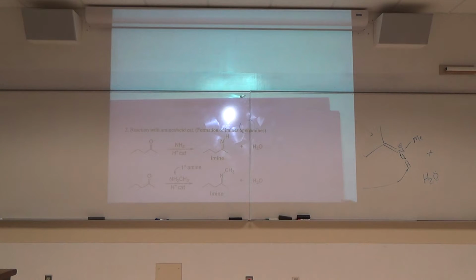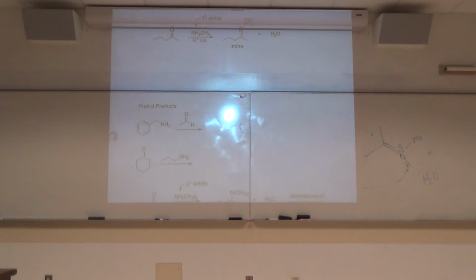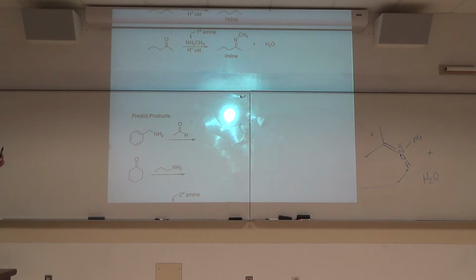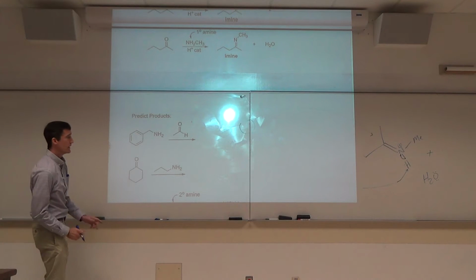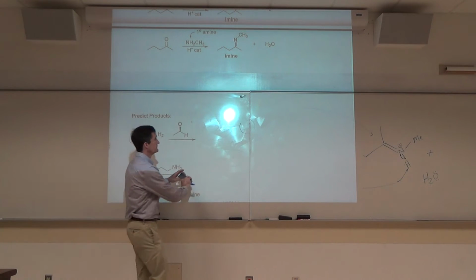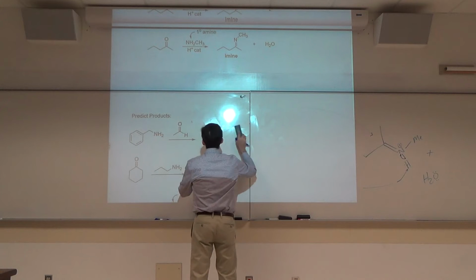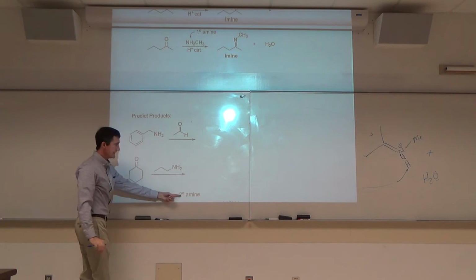Or you can say it's a C double bond N, an alkene equivalent with nitrogen instead of carbon. There you go. So you can use a little memorization here. You guys on the left show the product of the first, you guys on the right show the product of the second. Then we'll look at what you get if you use a secondary amine.